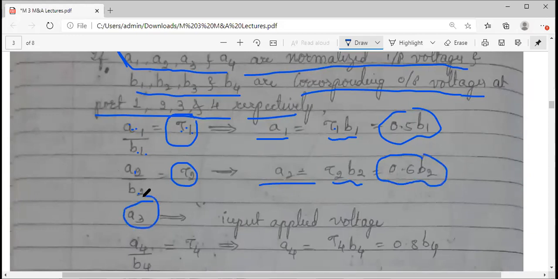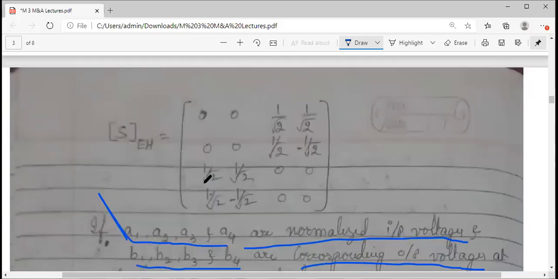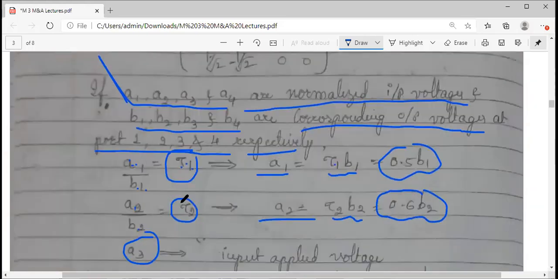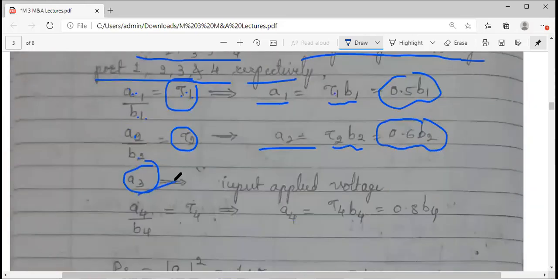And at A3, I am not taking tau 3 as A3 by B3 because tau 3 is not given to you. We need to find the reflection at port 3. So tau 4 is given to you and input power we are applying at port 3, so directly the input power, that is A3, is given to you.